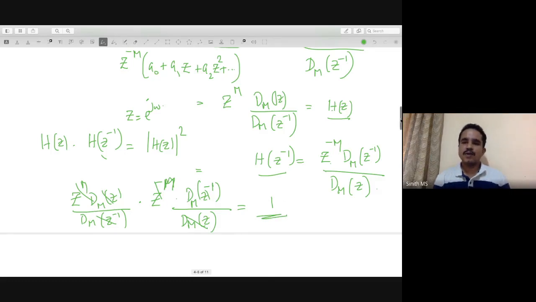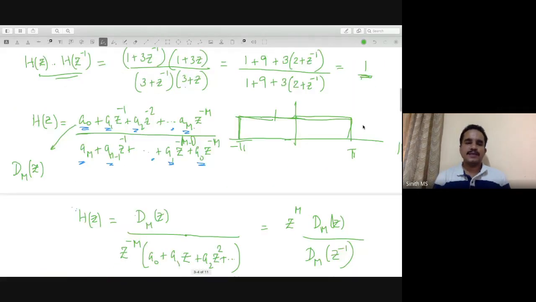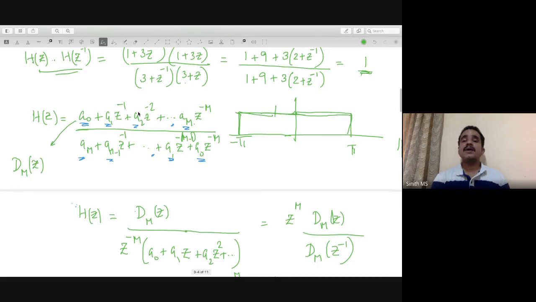So this is how, if you take the coefficients of H(z) like this, that is a0 and a0 are the same, a1 and a1 are the same, a2 and a2 are the same. Similarly, the first term and last term are the same, the second last and second terms are the same. You can very well represent the denominator as Dm(z inverse), and if you replace z with z inverse, in the numerator you again get Dm(z inverse), and if you cross multiply it cancels and becomes 1, and hence it becomes an all pass filter.